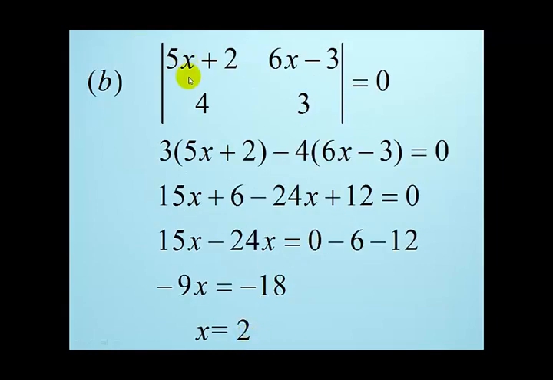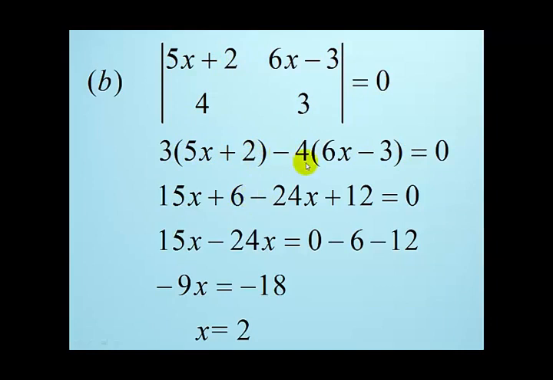Now B. The determinant of [5x+2, 6x-3; 4, 3] is equal to 0. So let's find the determinant. It's 3 times 5x plus 2, minus 4 times 6x minus 3, is equal to 0. 3 times 5x is 15x. 3 times 2 is 6.